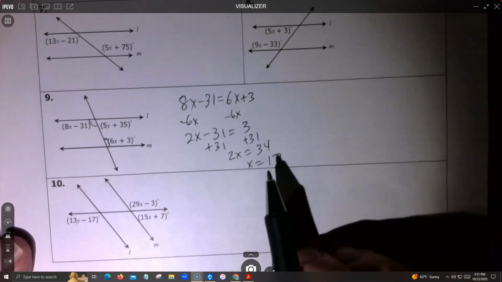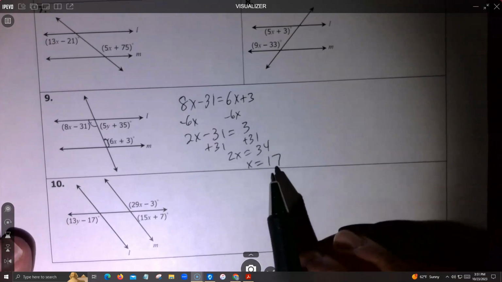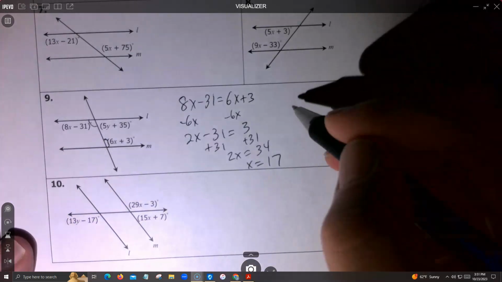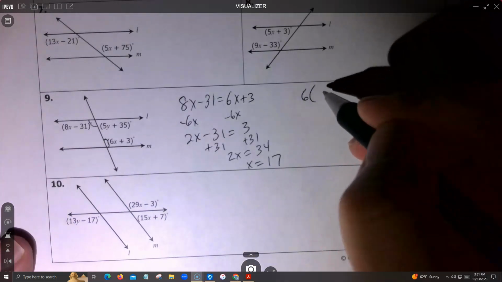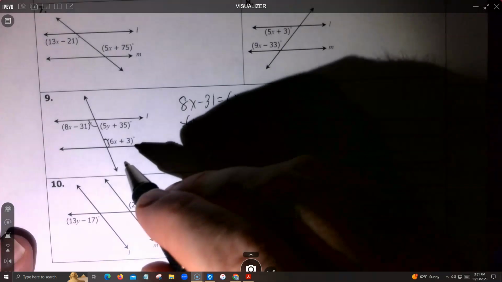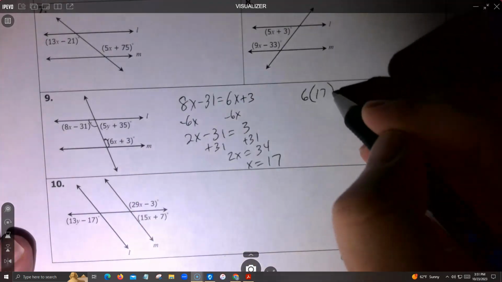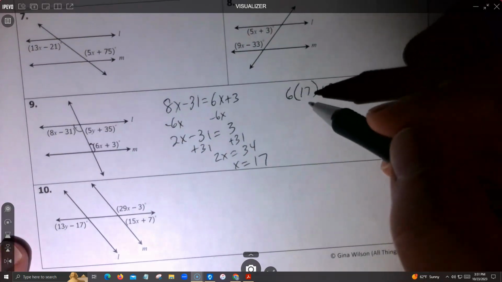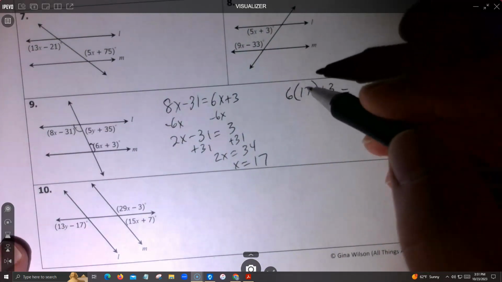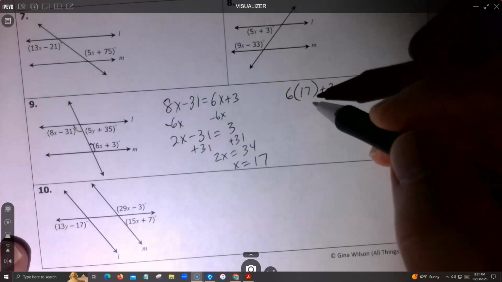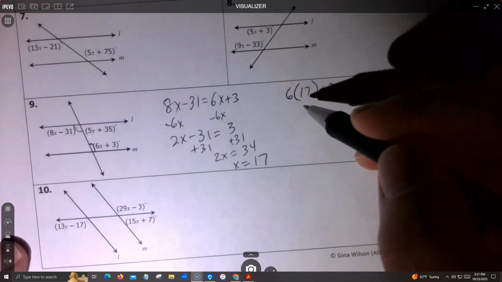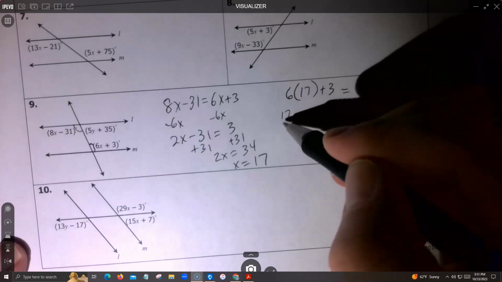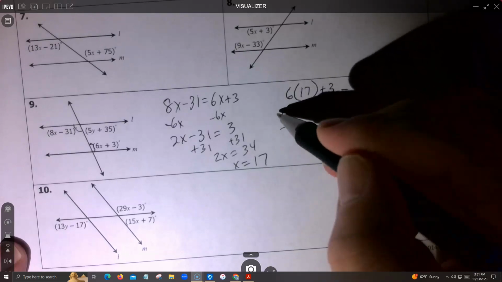Okay, now that I know what x is, 17, I'm going to put it in either one of these. Remember, they're equal, so it doesn't matter. So I'm going to put it into 6x plus 3. That's going to give me, let's see, 17 times 6, 102.